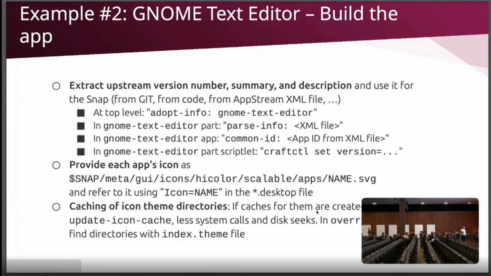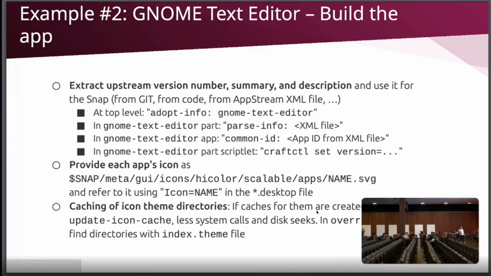In the part, we put things like parse-info and an XML file, the upstream or common ID in the upstream file, and so on. In the upstream file, which comes with all GNOME applications, it's an XML file, there's all the metadata of that application, and so we can take it over instead of hard coding it in the metadata. And important, we can also get the version number.